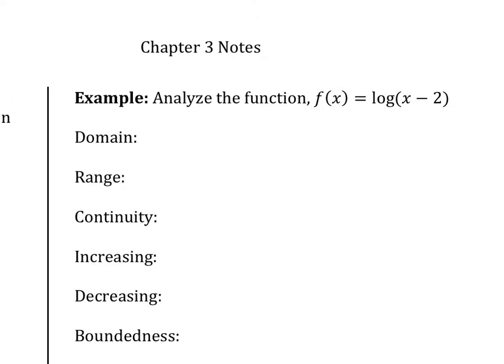Okay, Alana, domain. Not all real numbers. We don't have any numbers on the left of something. Very close. Greater than 0 would be the original graph, but we moved 2 to the right.